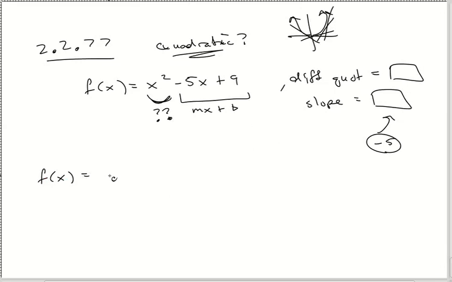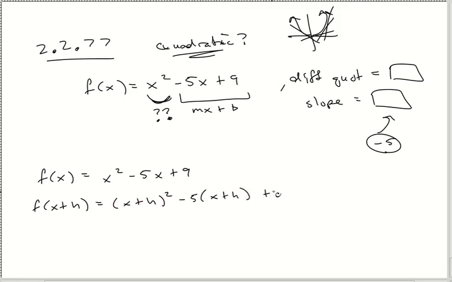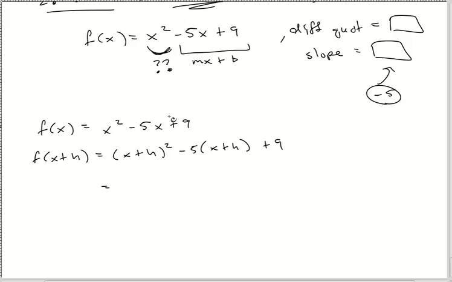We have my original, x squared minus 5x plus 9. And then I got f of x plus h is going to be x plus h squared minus 5 times x plus h plus the 9. And so now what I need to do is simplify this down. I need to distribute and FOIL, whatever I need to do here.